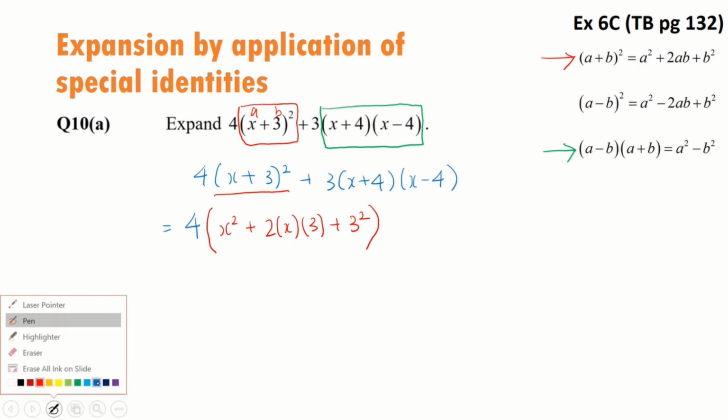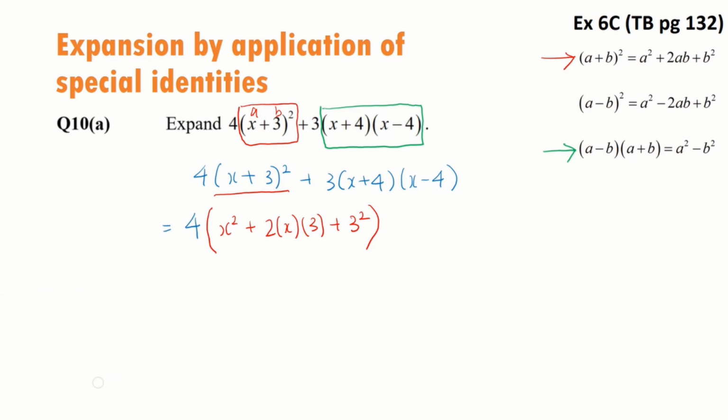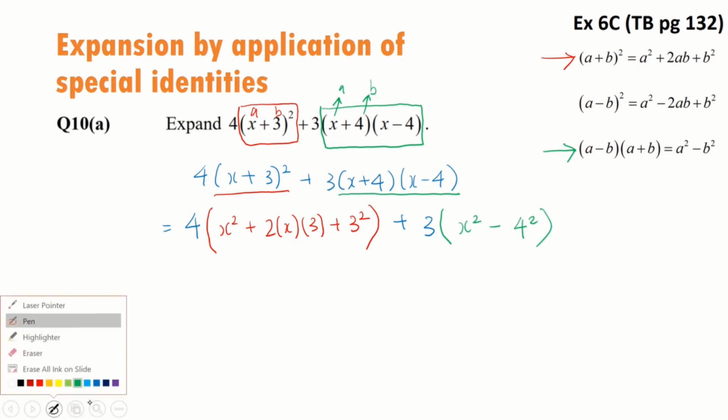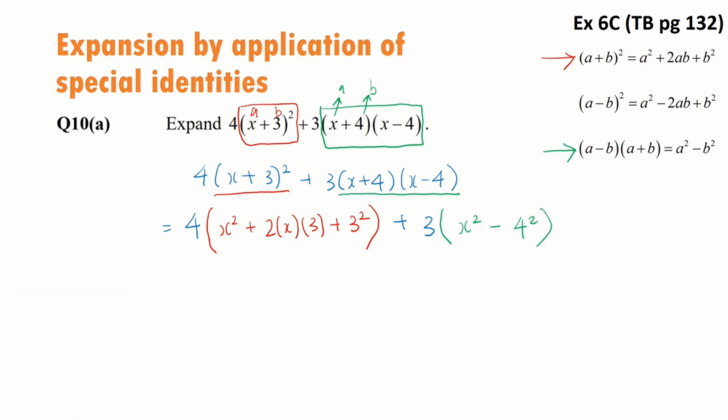Right, then after that, for the plus 3 followed by x plus 4 x minus 4, which is this section here, I will have brackets because it's supposed to be 3 multiplying with it. Okay, so x plus 4 x minus 4, the x is the a and the 4 is the b. So I will have a squared, which is x squared, minus 4 squared. Okay, so this actually helps us to simplify our process easily.